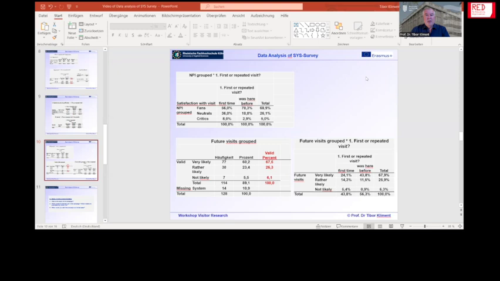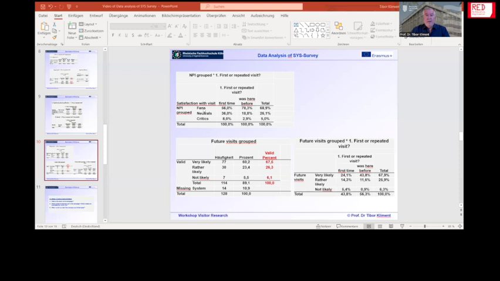So let's go a little deeper into this question. What are the factors influencing regular visits to the film festival? Here we have another analysis. We have, again, first-time visitors and regular visitors. And on the row variable is the satisfaction with the visit.